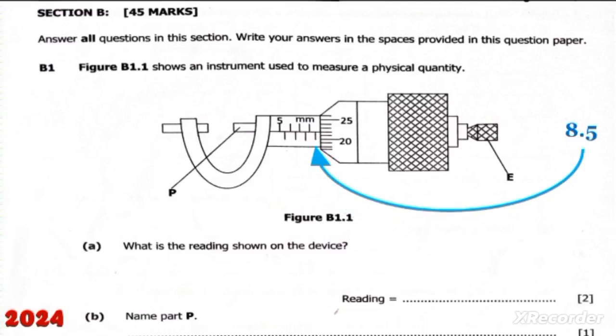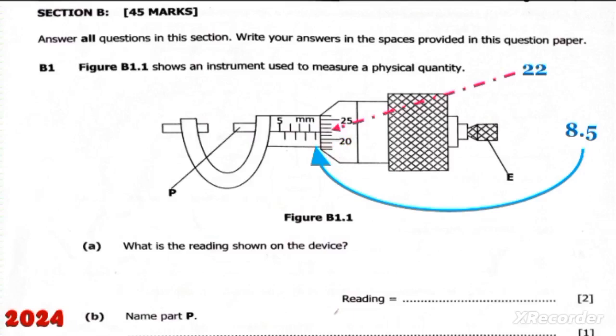Let us also identify the mark on the circular scale. The mark that aligns with the horizontal line from the main scale is this one here. Here we have 20, 21, 22. So this is 22.